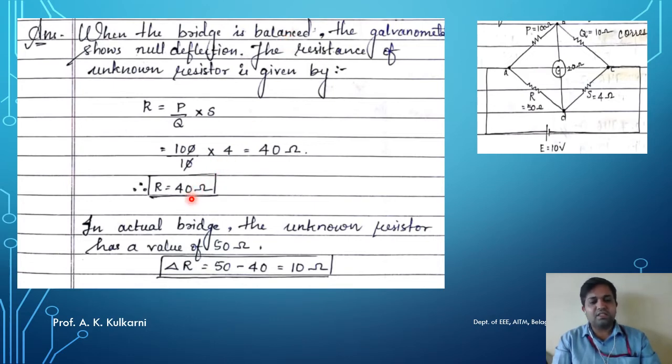By using this value, we are going to find the change in resistance. The total resistance is 50 ohm, which is given in the problem statement. So delta R is 50 ohm minus 40 ohm, and the change in resistance delta R is equal to 10 ohm.